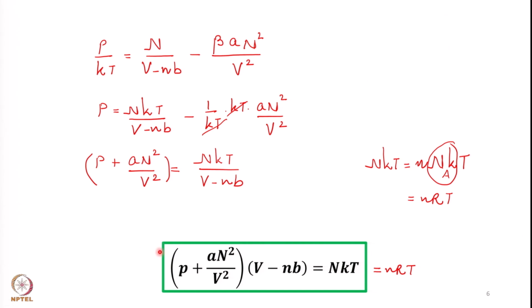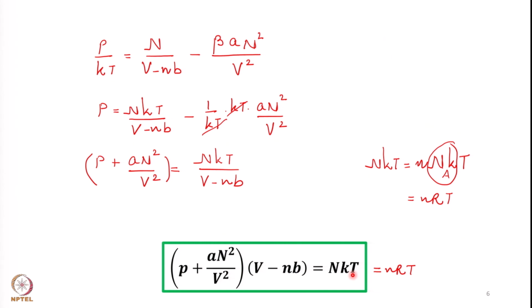For ideal gas, PV is equal to nRT because you ignore A and B. For a real gas or a non-ideal gas where attractive and repulsive interactions can be present, the equation is modified to P plus A N square by V square into V minus Nb is equal to nRT. This is the van der Waals equation of state. And that is what the question was, to derive an equation of state for the given canonical partition function.